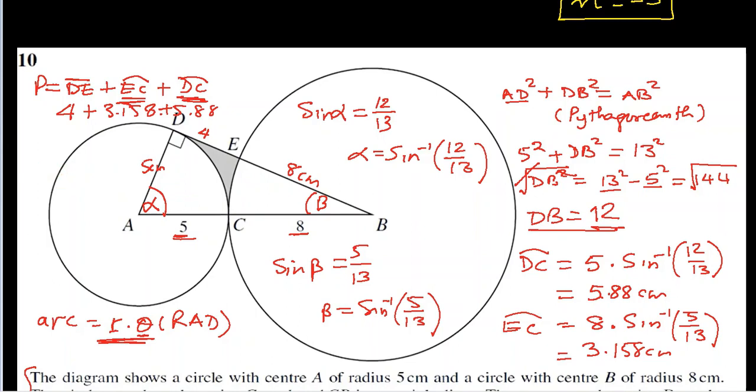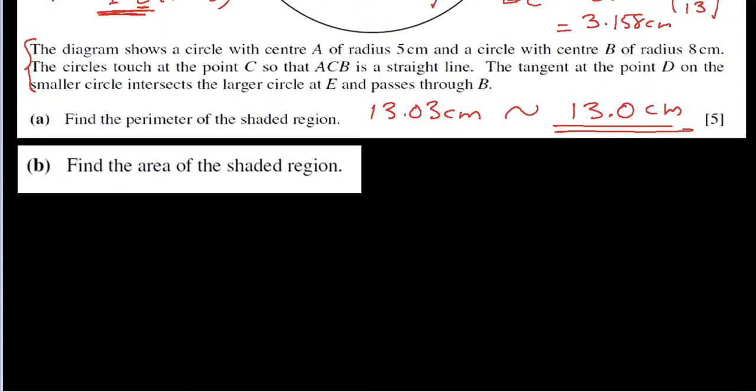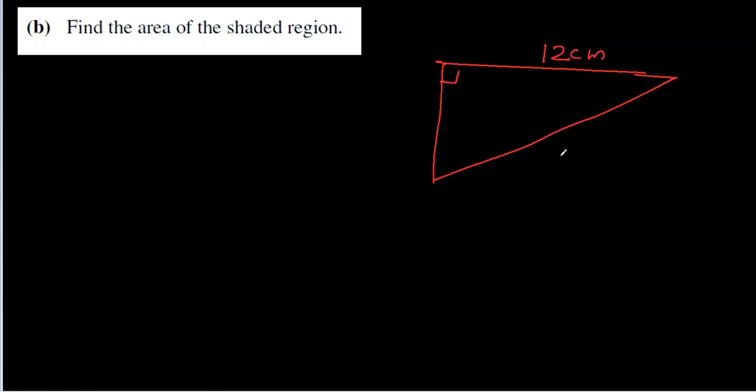Okay, so let's go to the lower part and do it there. So we have the triangle whose angle is 90 degree. Here we have 12 centimeters. This is 13 centimeters. This is 5 centimeters.